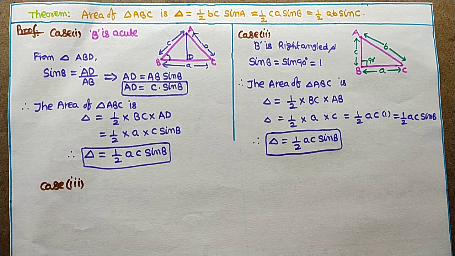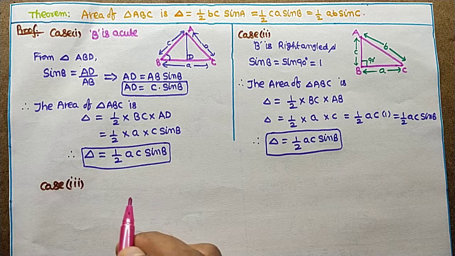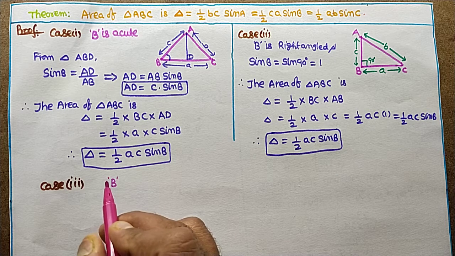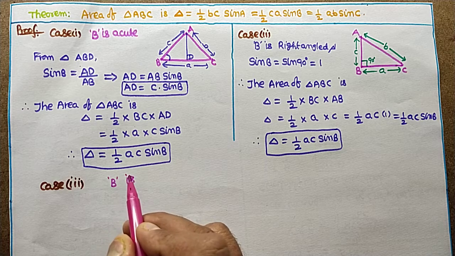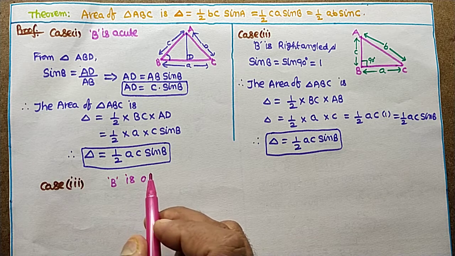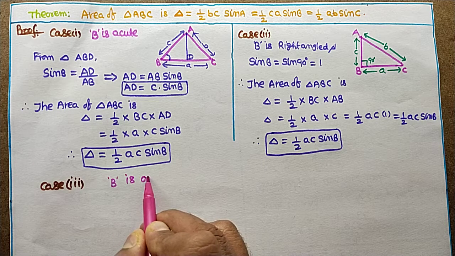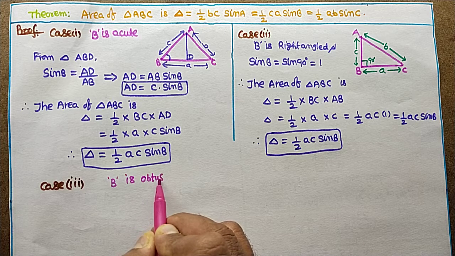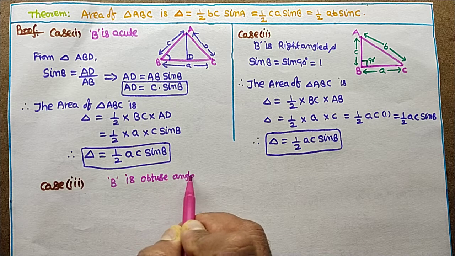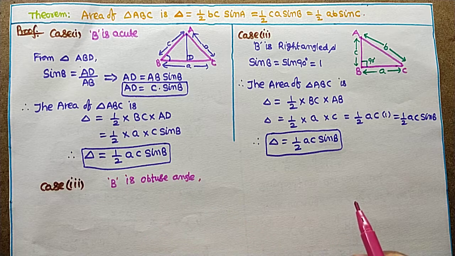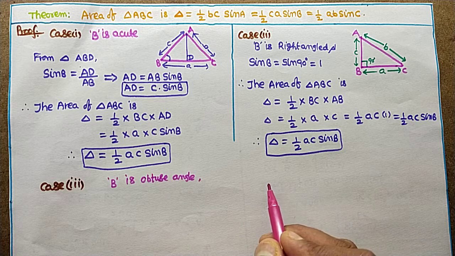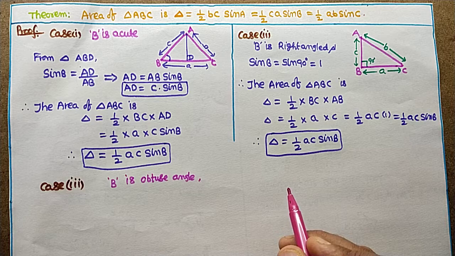In the third case, B is obtuse. Obtuse angle means the figure will be like this. In the previous sessions, we discussed that.